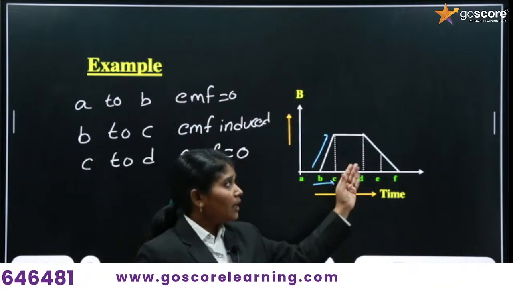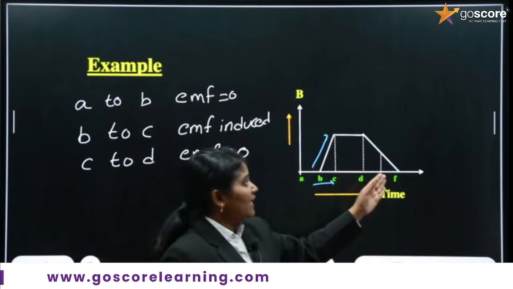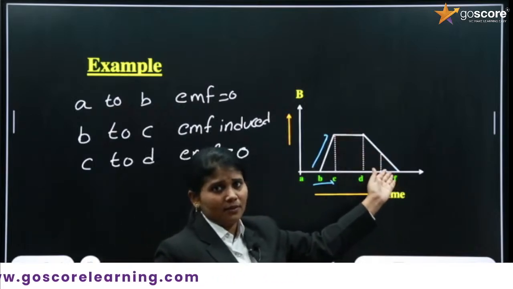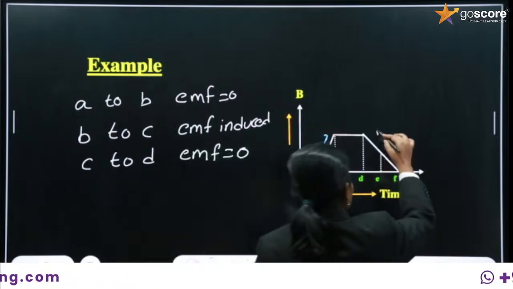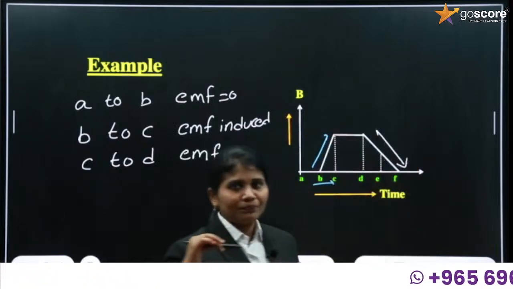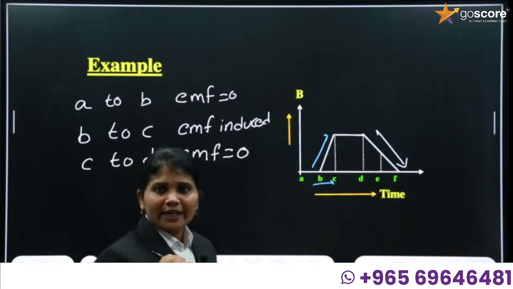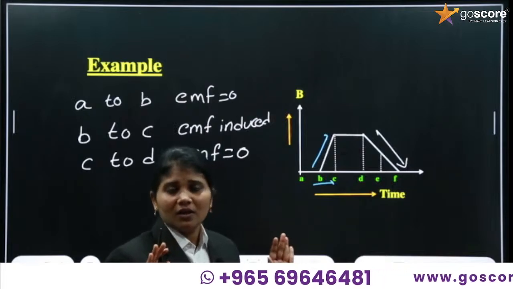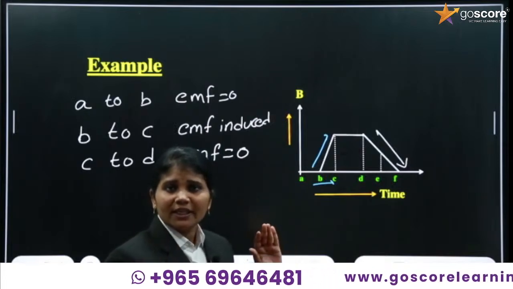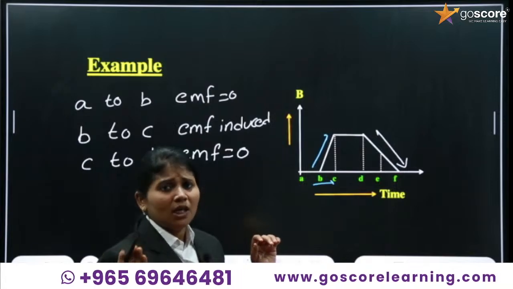Next, D to F, the slope is like this, but here it will be in this direction. Now it is in the downward direction. Whether flux increases or decreases, EMF will be induced.